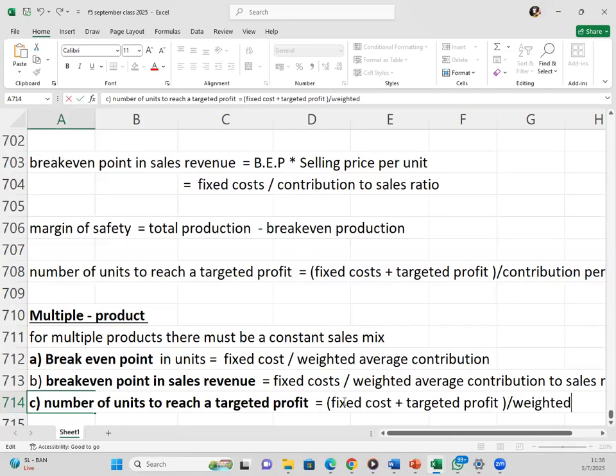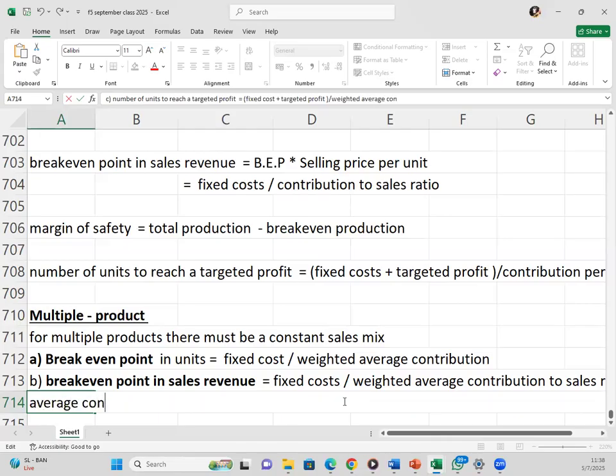So for multiple products, we are not just saying contribution, but weighted average contribution per unit.